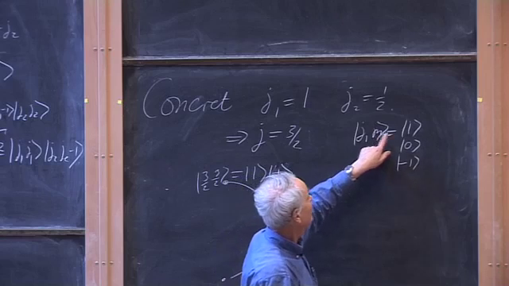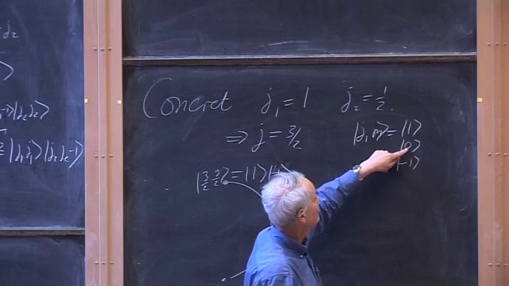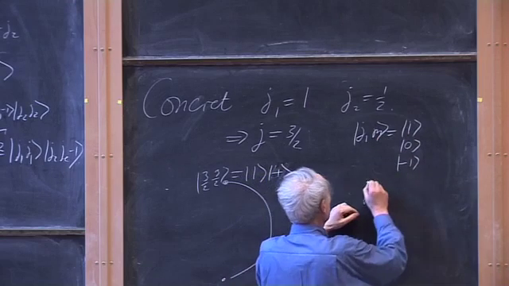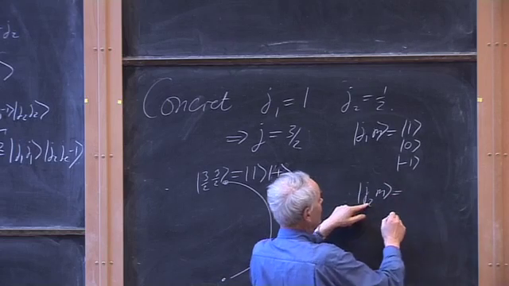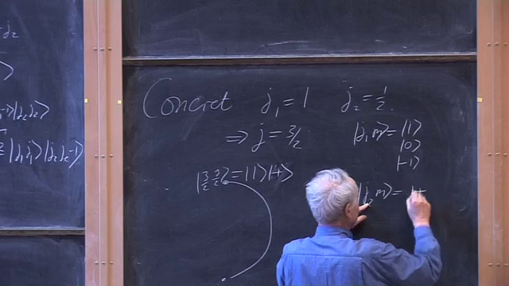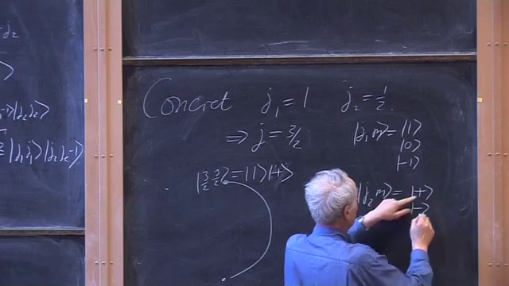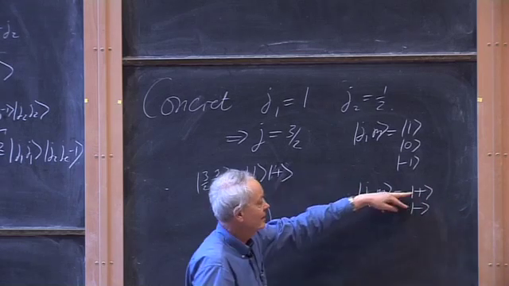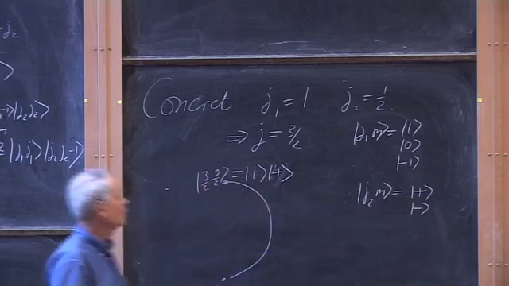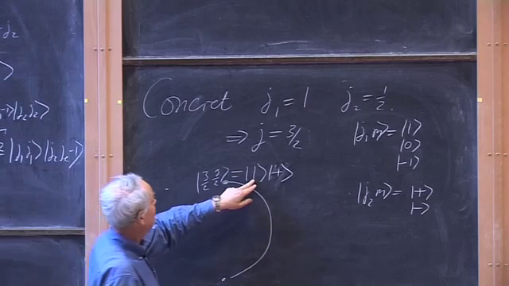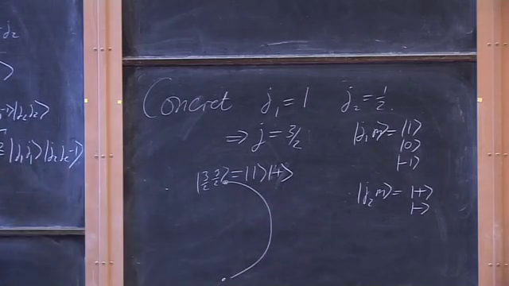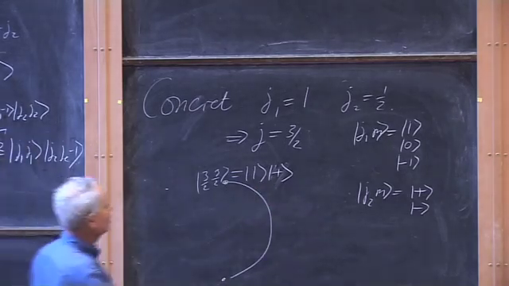I'm writing down the possible values for m. m is 1, m is 0, m is minus 1. And J2 m can be, because J2 is a half, I can write this as plus and minus, where I'm writing down the values of m in the sense of plus a half and minus a half. That's a shorthand notation that makes life a bit easier. So this is just a different notation for that state, a more compact notation for that state.